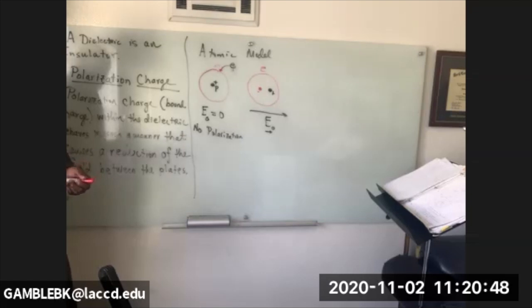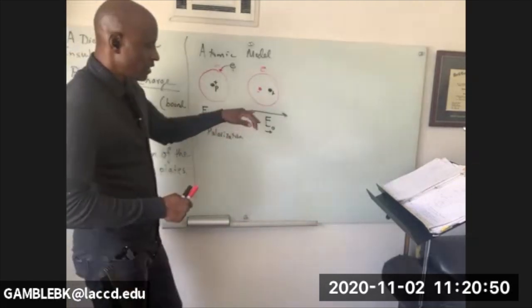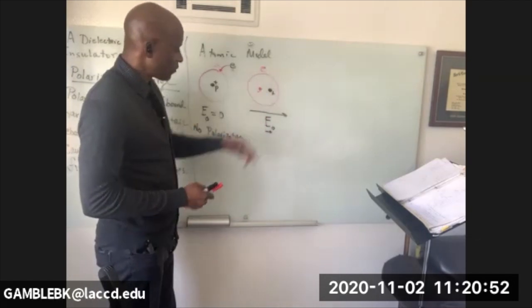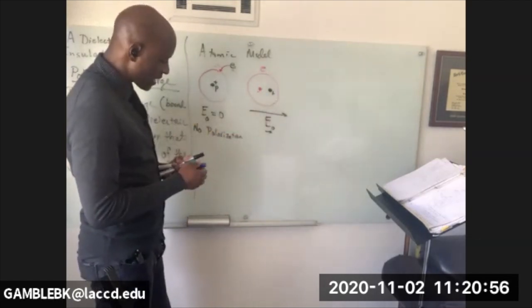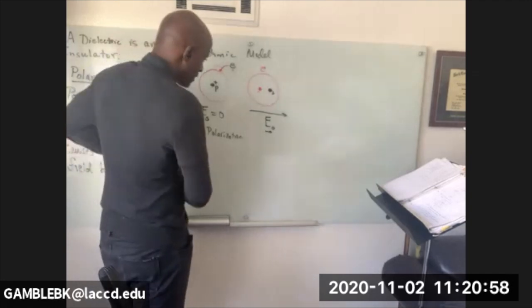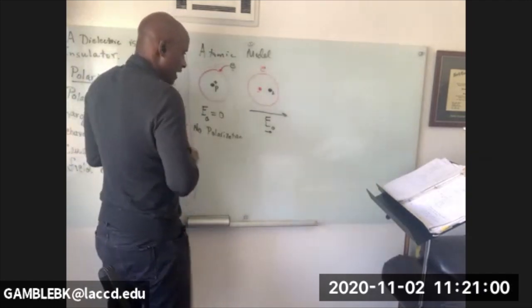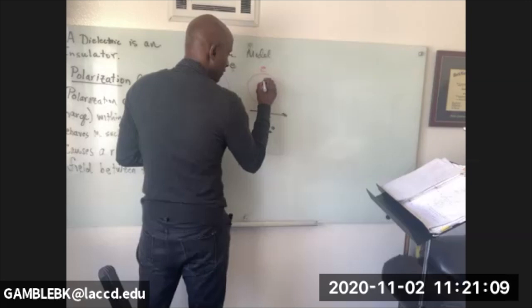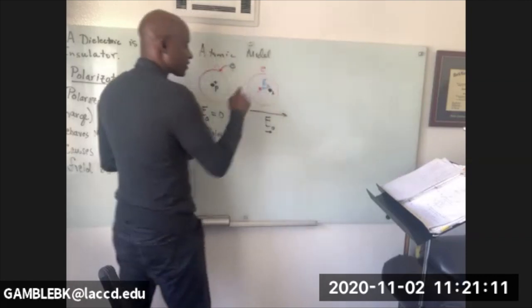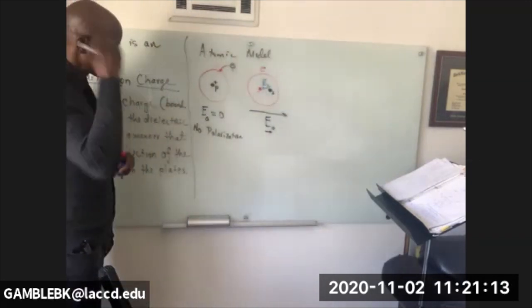It's like a little electric field associated with the atom itself that has an opposite polarity. Remember, electric field points from positive to negative. So now there's a little field in here that's opposite polarity of the external field, like that. I'll call that EB for the electric field associated with the bound charge of that atom.